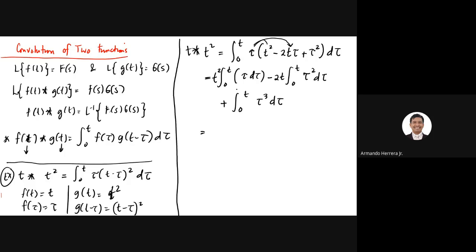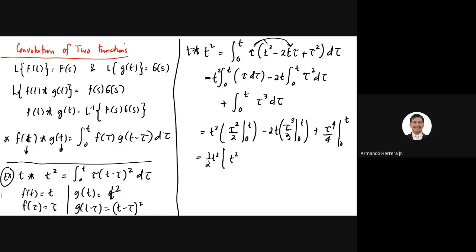Then simplifying this by integrating first. So this is t squared times tau squared over 2 from 0 to t, minus 2t times tau cubed over 3 from 0 to t, plus tau to the 4 over 4 from 0 to t. That gives us 1/2 t squared times t squared minus 0 squared, upper minus lower, minus 2/3 t times t cubed minus 0 cubed, plus 1/4 t to the 4th minus 0 to the 4th.